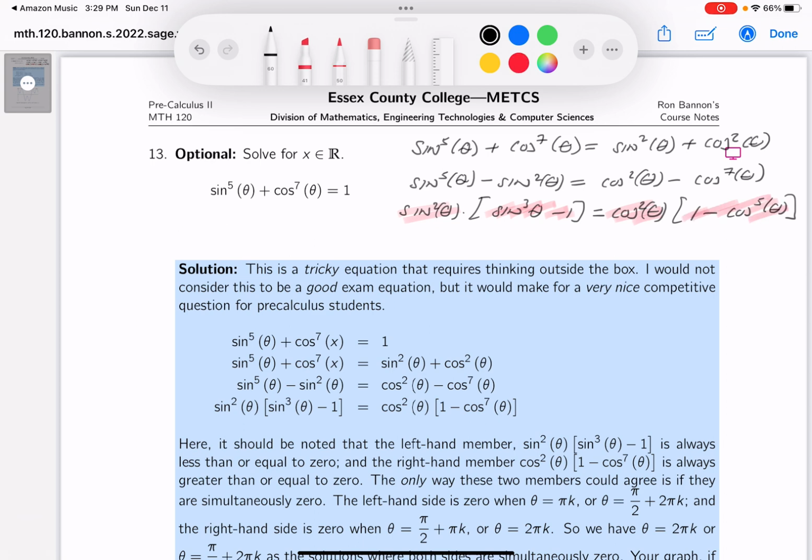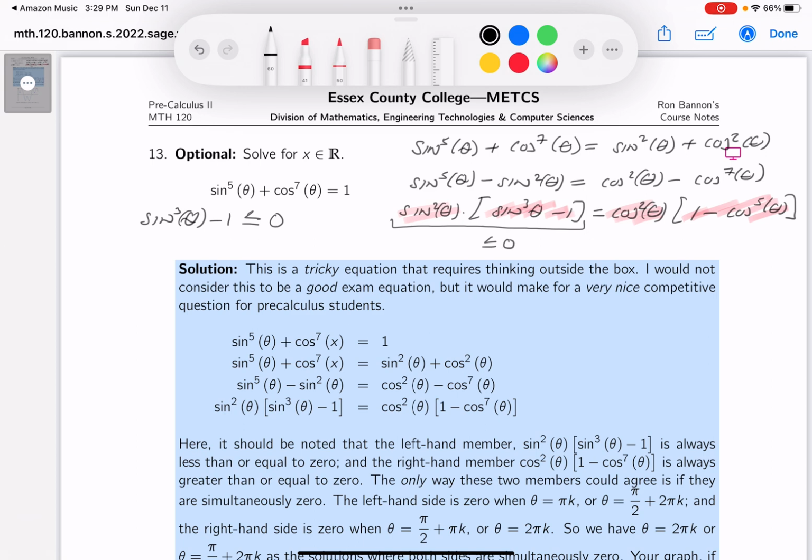So I want to write down that the sine cubed of theta is a bounded function between plus or minus 1. It can't exceed that. And then if you took 1 from that, what do I know about that? It's always going to be less than or equal to 0. So I know this entire side, whatever it is, has to be less than or equal to 0.